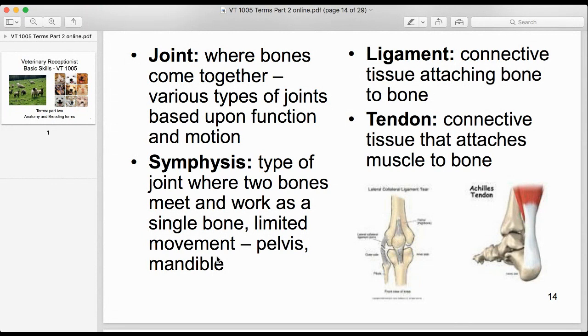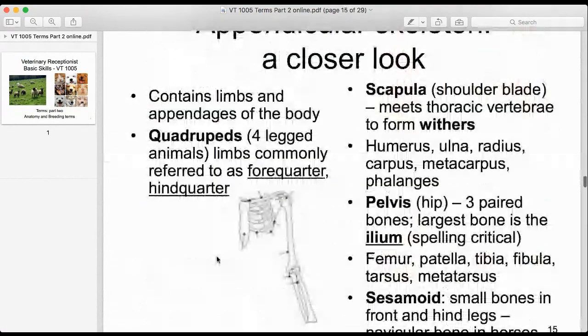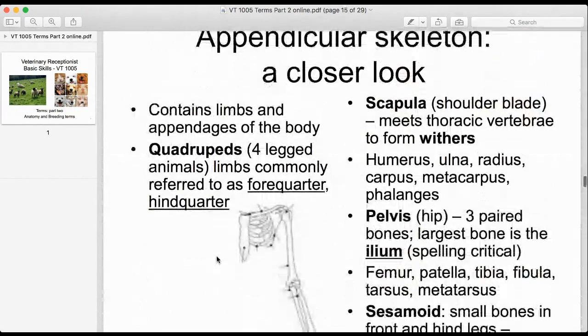Tendons, and I always think of the Achilles tendon on the back of my ankle area. Tendons connect muscle to bone. So understand those definitions. Ligament attaches bone to bone, tendons muscle to bone. A little closer look at the appendicular skeleton.